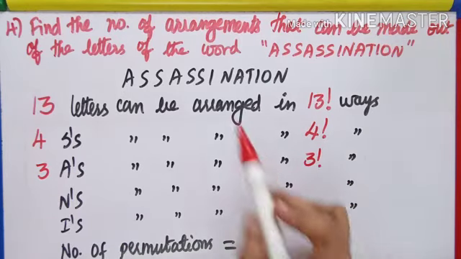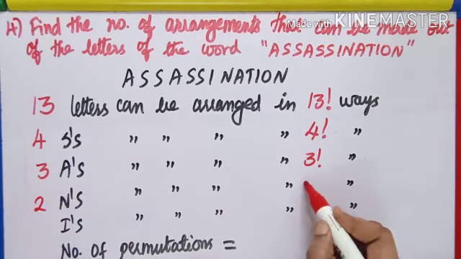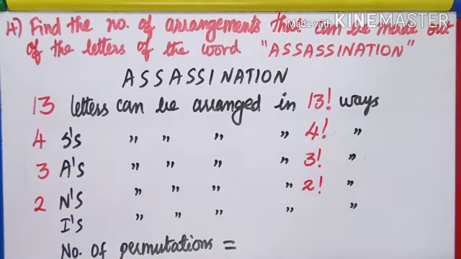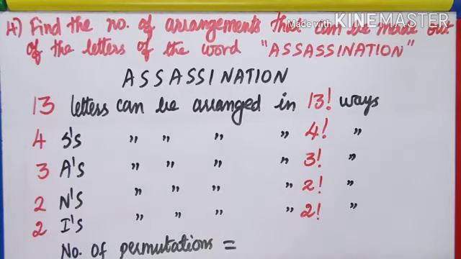How many N's are there? 1, 2. 2 N's can be arranged in 2 factorial ways. How many I's are repeated? 1, 2. So 2 I's can be arranged in 2 factorial ways. As I check, there is no other letter repeated.